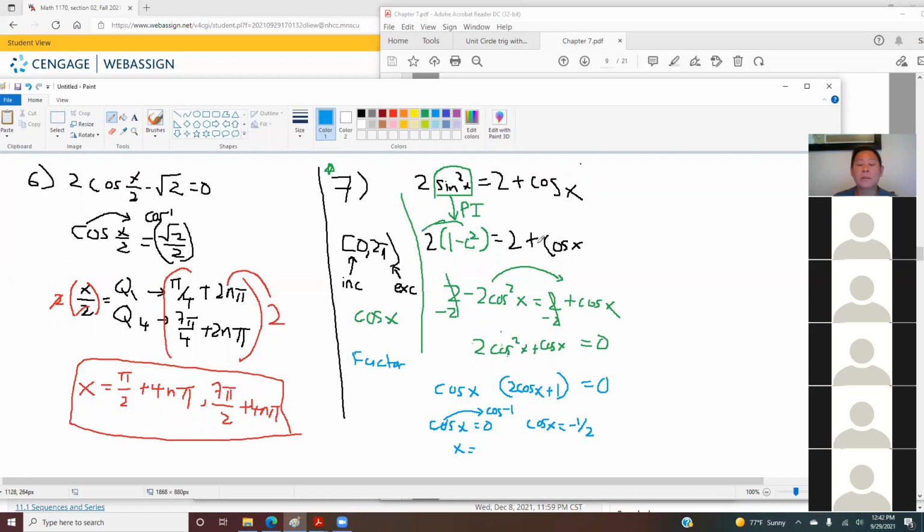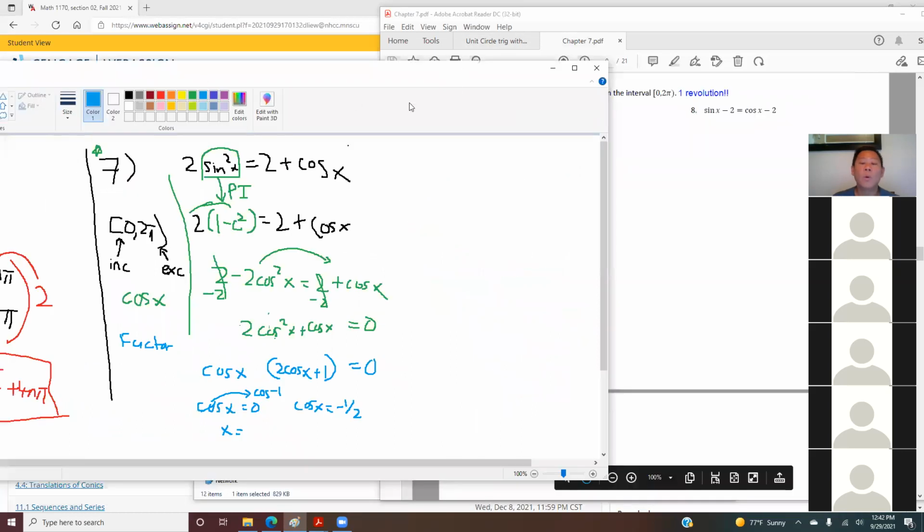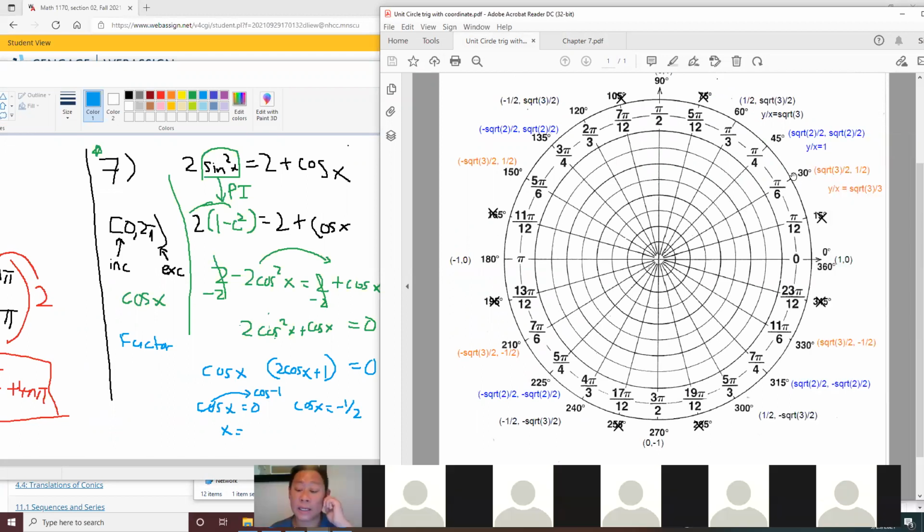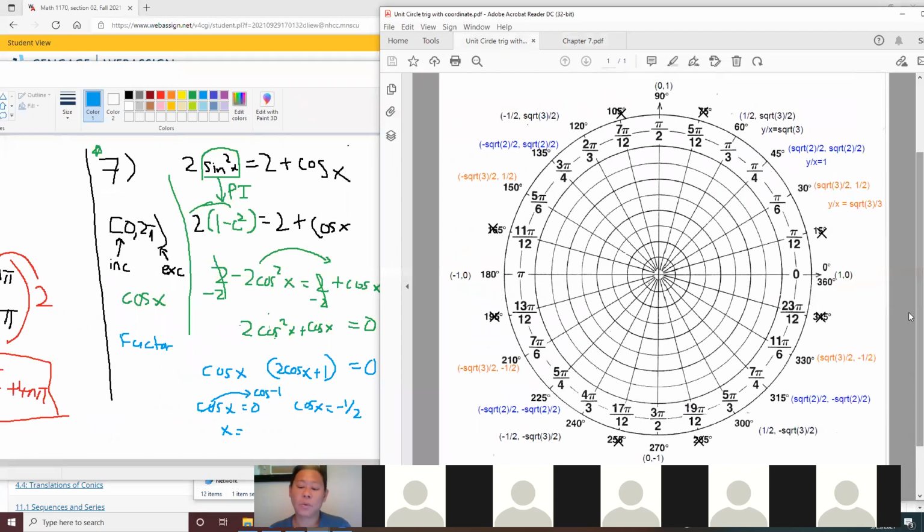So can someone tell me, using the unit circle, what angle gives us the arc cosine of 0? Don't forget, cosine is your x value. So which one of these gives us 0 for the arc cosine?